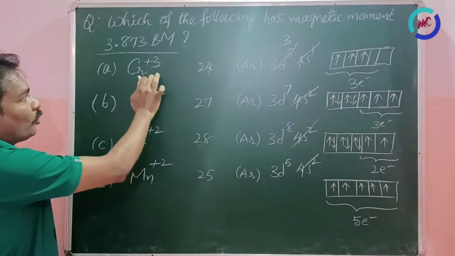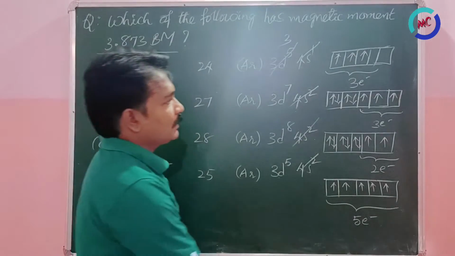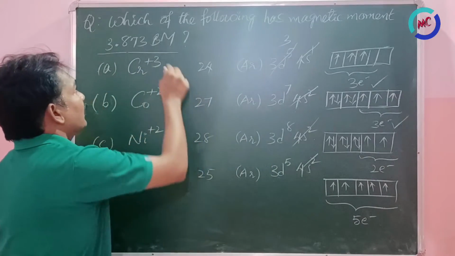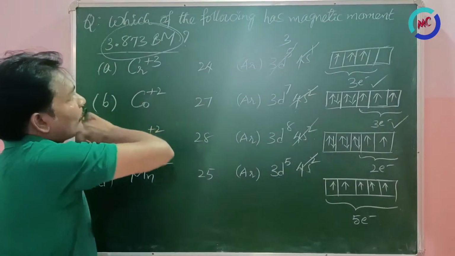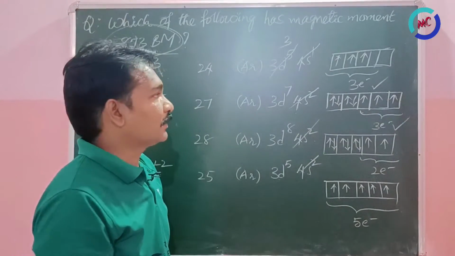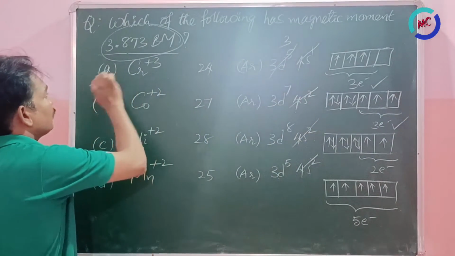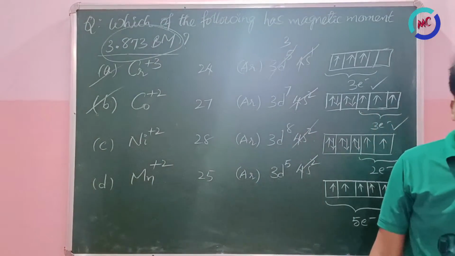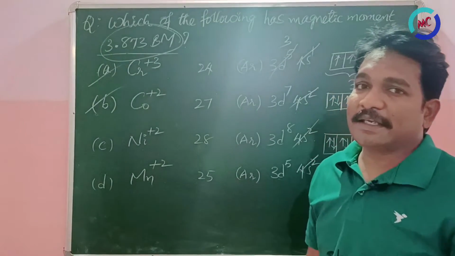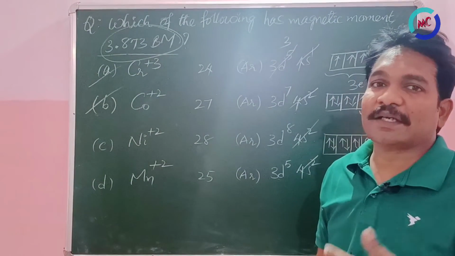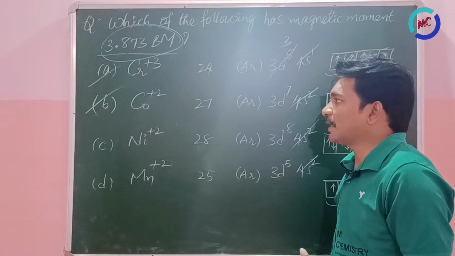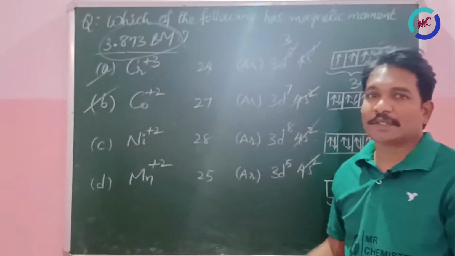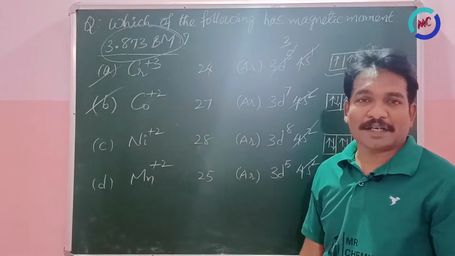A and B, chromium plus 3 and cobalt plus 2, these two have 3 unpaired electrons. If there are 3 unpaired electrons, then we will get magnetic moment 3.873 Bohr magneton. Here how many options are correct? 2 options are correct. And this is one of the most important questions from JEE Advanced. In JEE Advanced exam, we will get multiple correct answer questions. In multiple correct answer questions, you have to check the options carefully, because we have more than one answer.